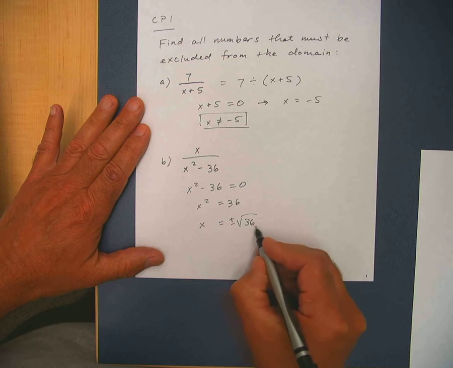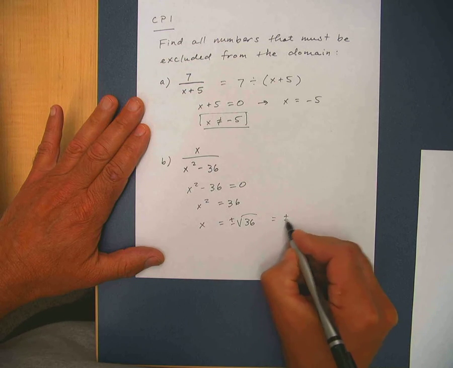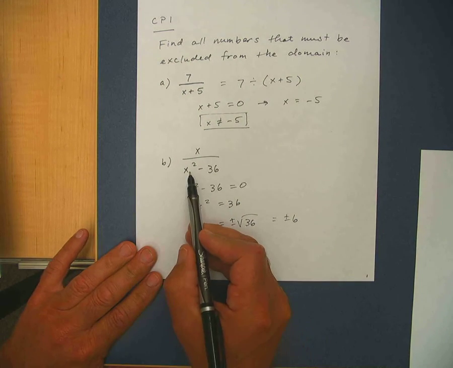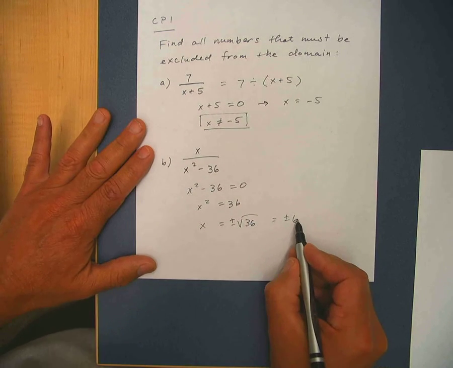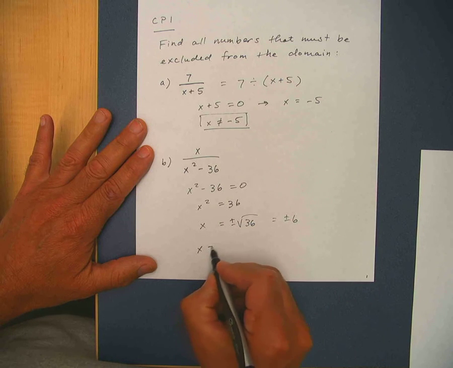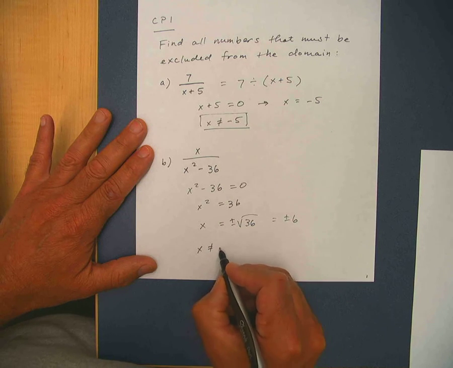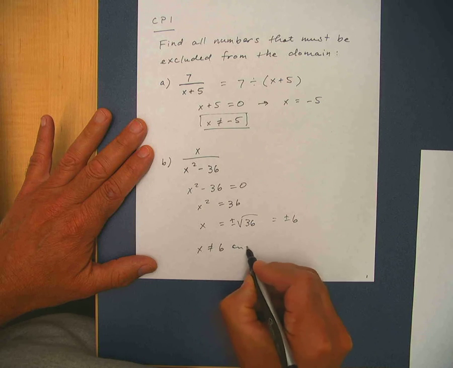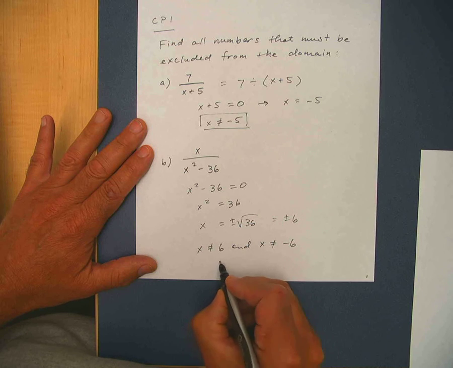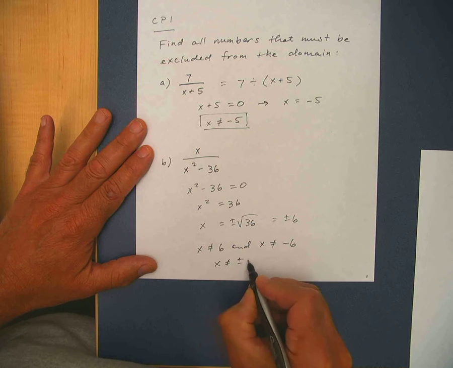And the square root of 36 is 6, so if x is positive or negative 6, it would make the denominator 0. So those are the two numbers we need to exclude from the domain. In other words, x cannot be equal to 6, and x cannot be equal to negative 6. Or if you prefer, you could just write x is not equal to plus or minus 6.